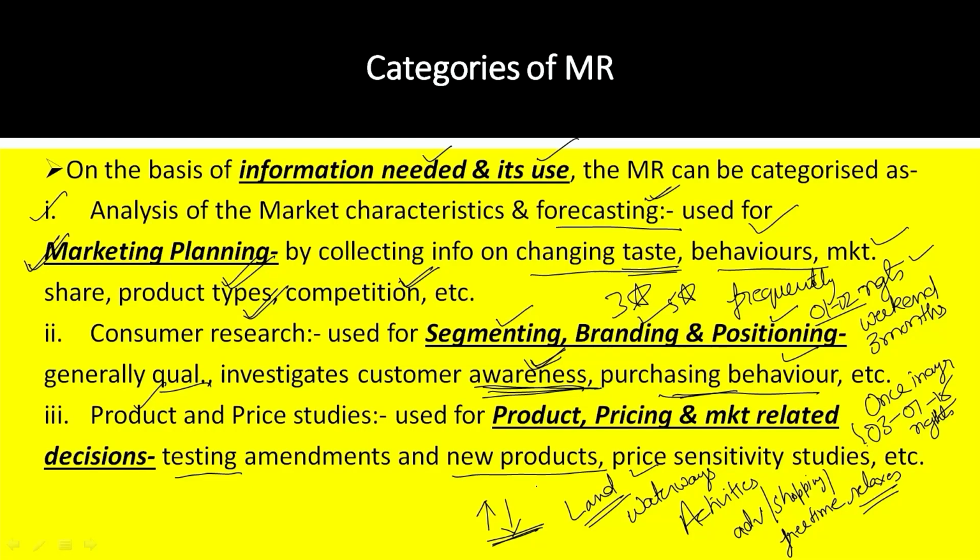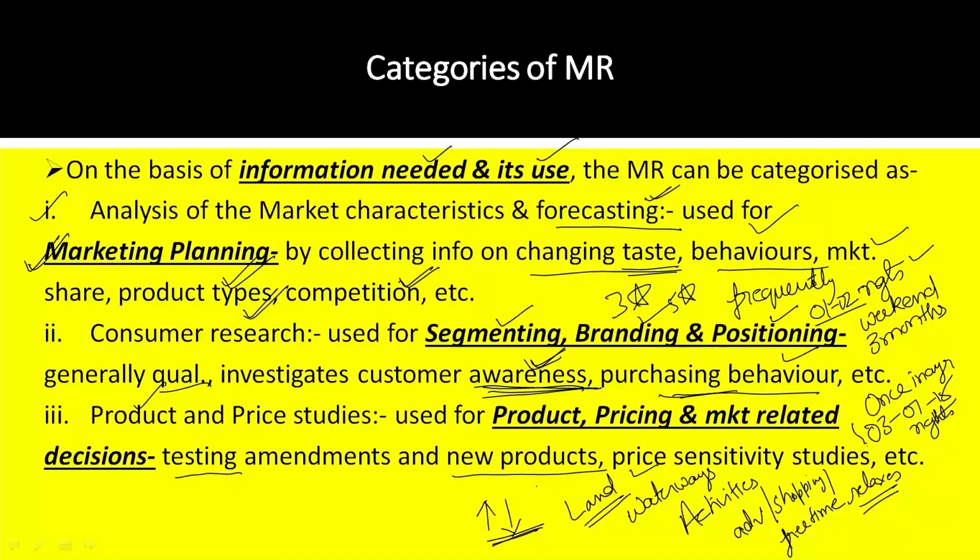So doing experiments at a very large extent, which finally becomes a very tedious process, is not advisable. It's a complete no. So do it on a small part of your customers and see the outcome. If that goes in favor, go ahead with the larger size of the customers. If it is not, then okay, drop it. So most of the time these product and price studies are done on a small chunk of the customers.